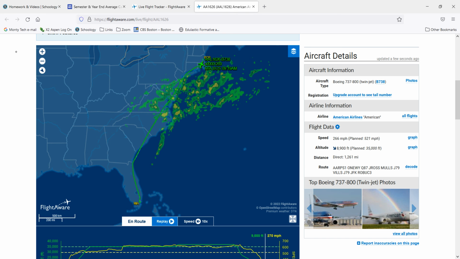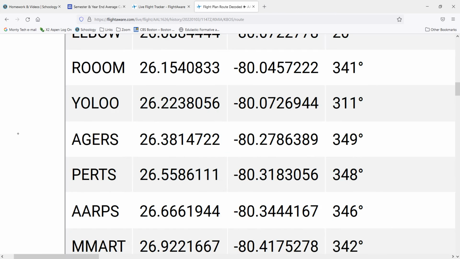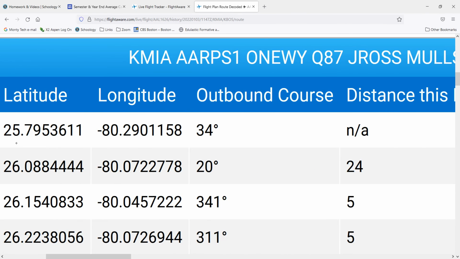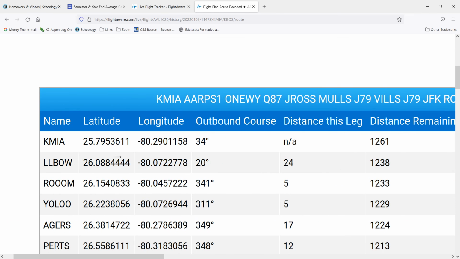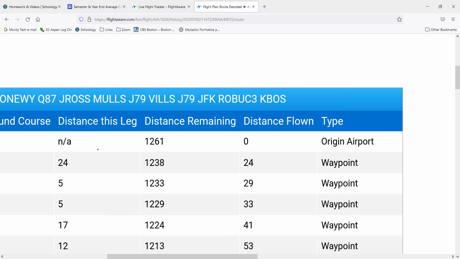So 266 miles per hour, and if I click on the route, that is the direction. Okay, so these all mean something to a computer, but I can see what direction was it traveling, so it gives me a compass heading, and then it tells me how far that it flew on that part of the journey.